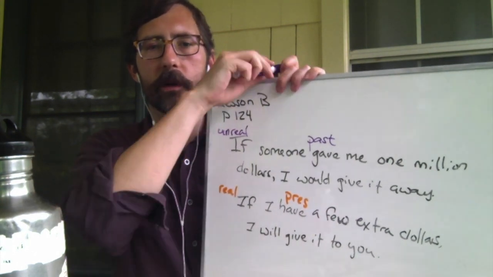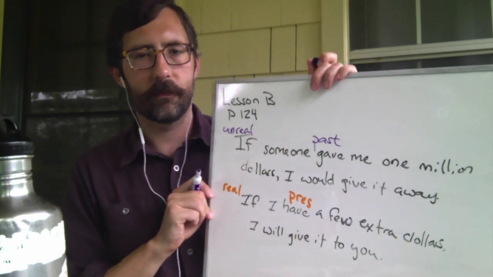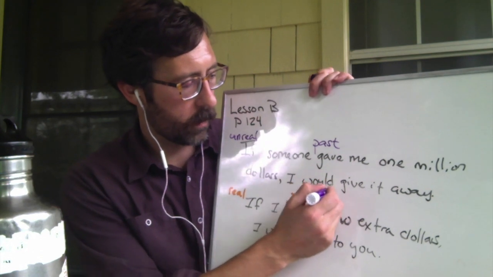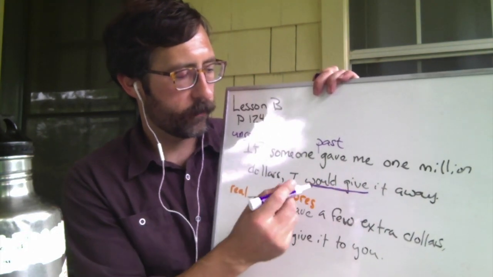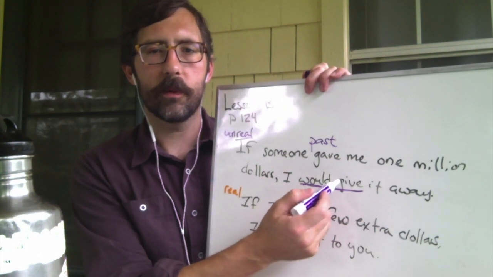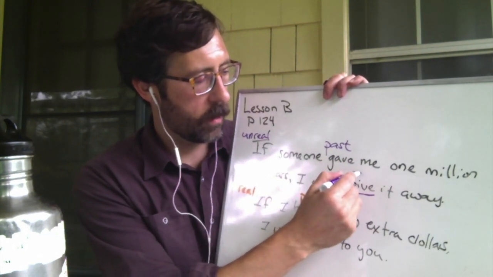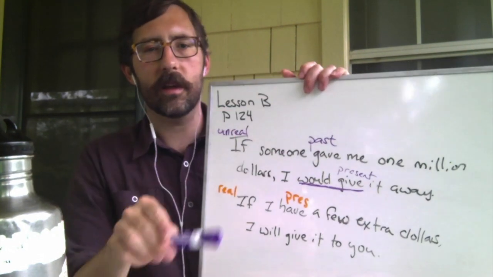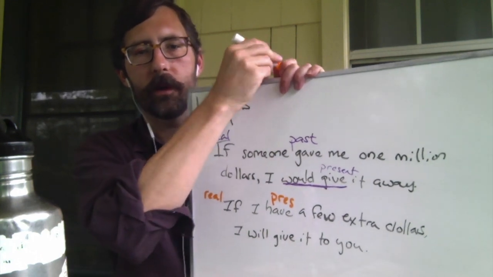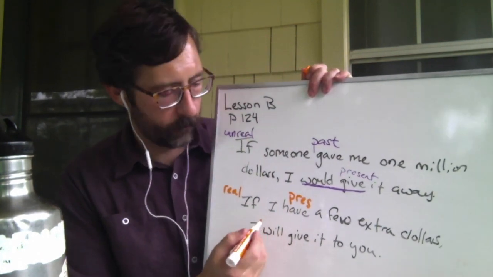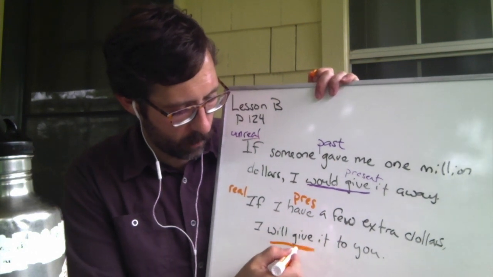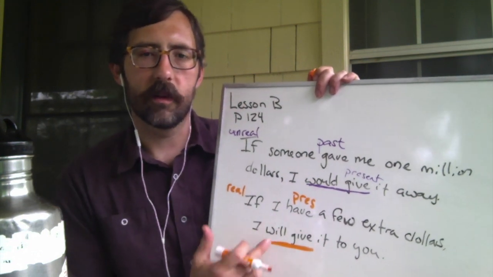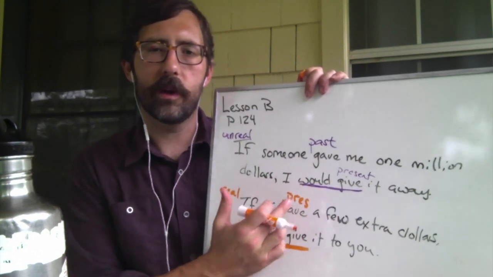What about for the effect clause, the what happened clause? If you remember, would give. Would plus the simple present. Right? Let's look in our future real. I will give it away. What tense is this? Is it the same? No. Here would, here will.